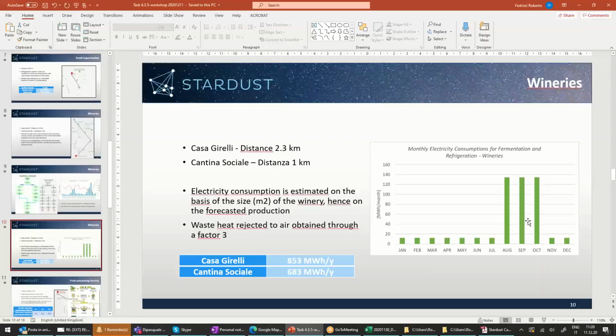Again, the outcome of the analysis is that while the energy made available by the superstore is quite constant over the year, the wineries make this energy available only during this period.